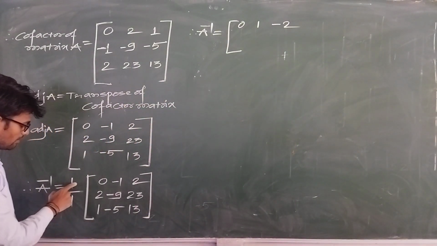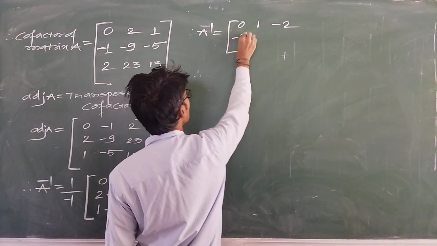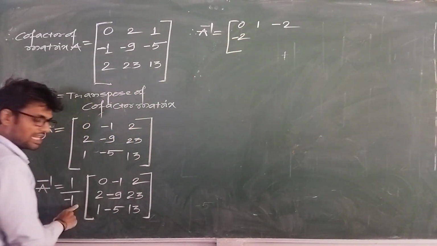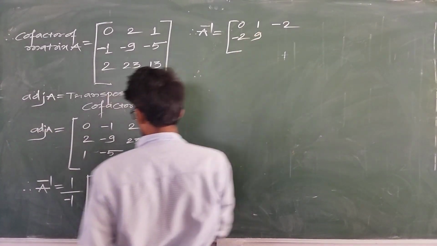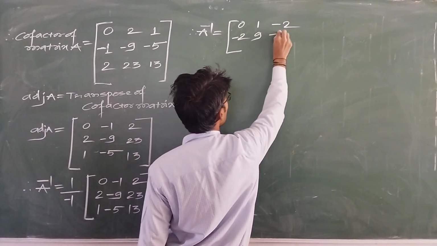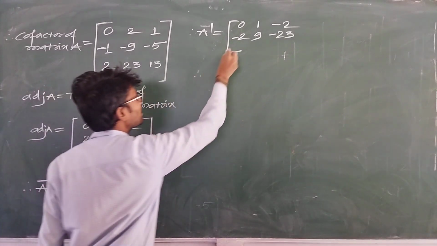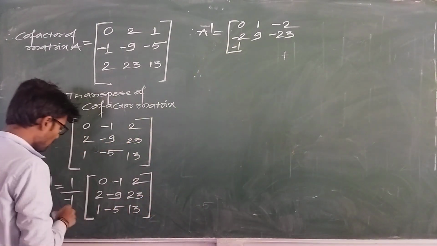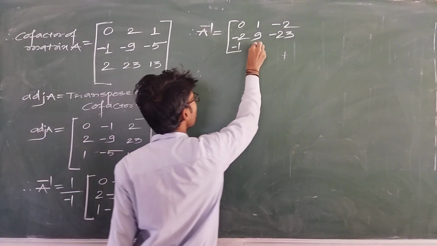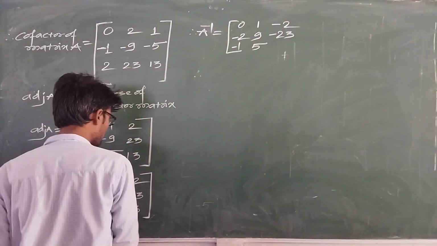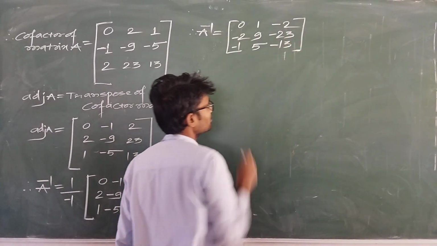Minus 1 into minus 9 is plus 9. Minus 1 into 23 is minus 23. Minus 1 into 1 is minus 1. Minus 1 into minus 5 is plus 5. Minus 1 into 13 is minus 13. So this is what A inverse is.